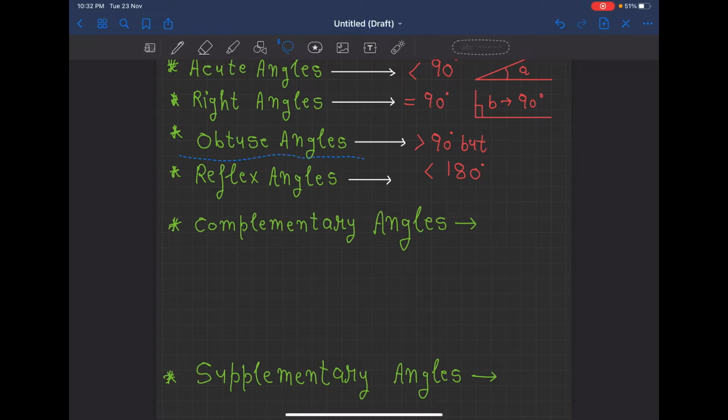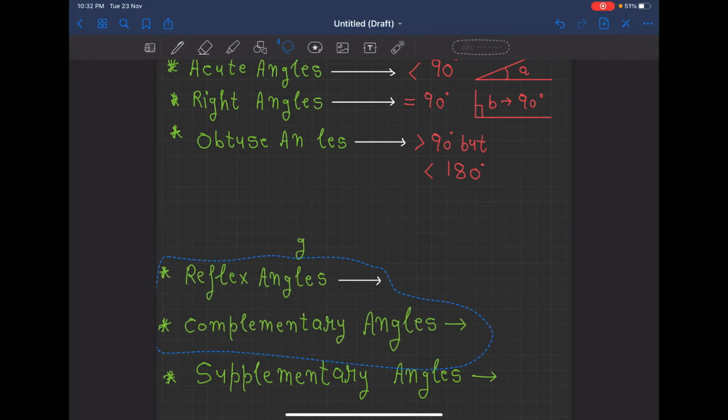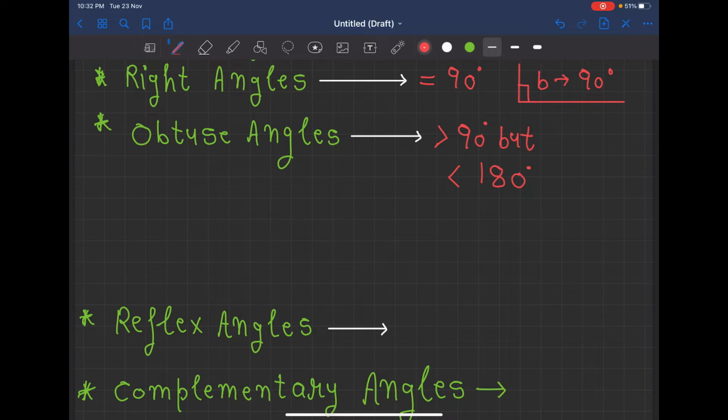Let me move this a bit down here. So let's draw an obtuse angle. Let's say I have a line like this and another line like this.